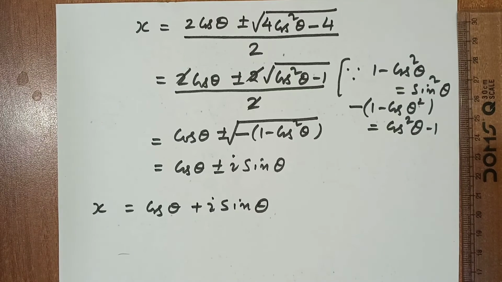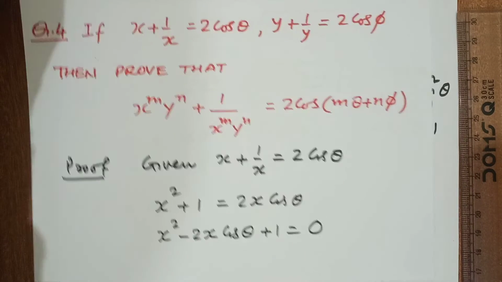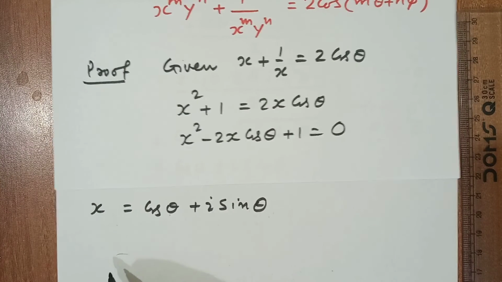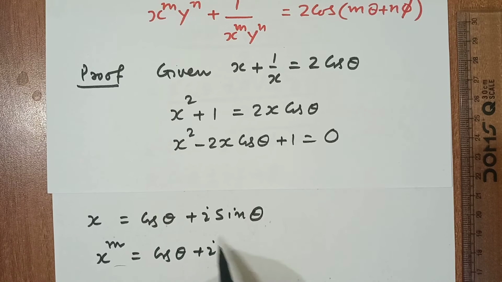Our aim is to calculate x to the power m. So x to the power m is equal to (cos theta plus I sin theta) to the power m.